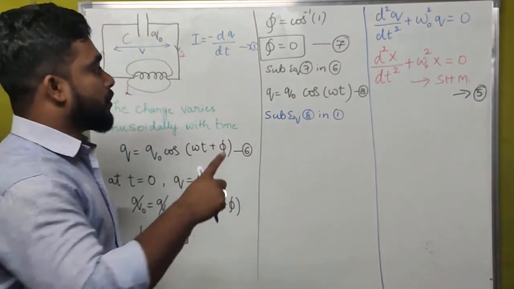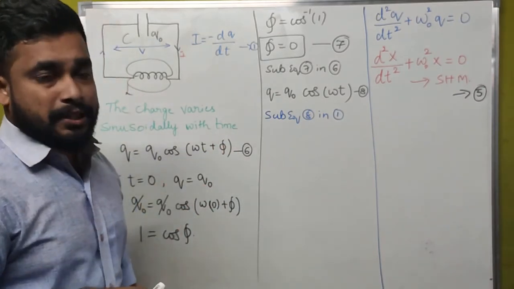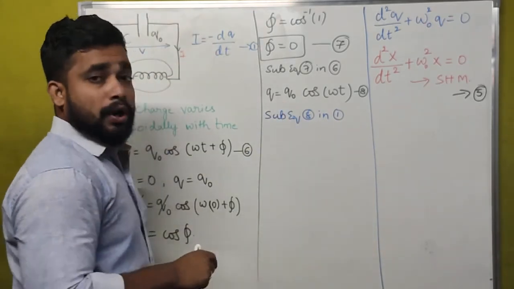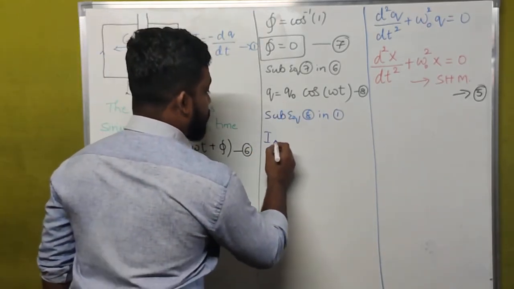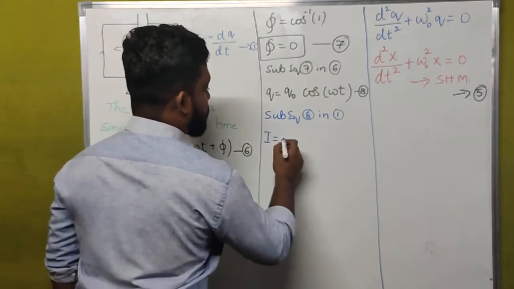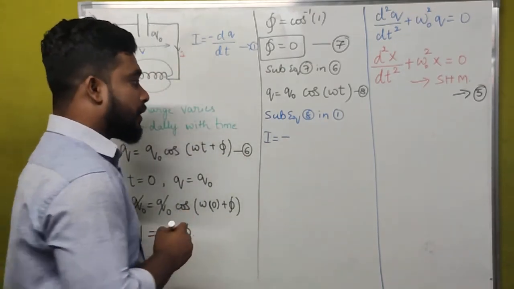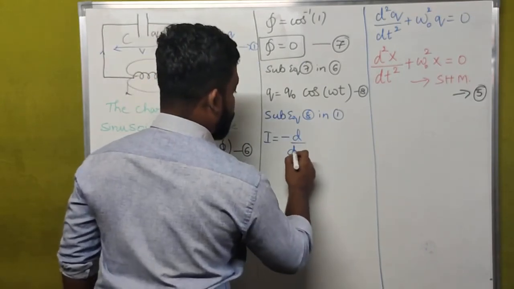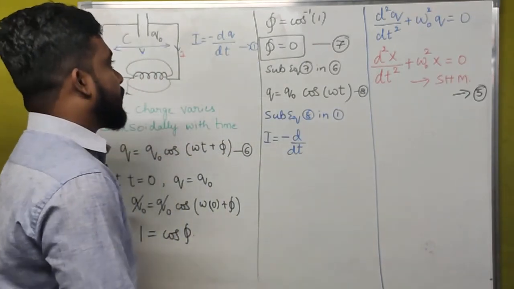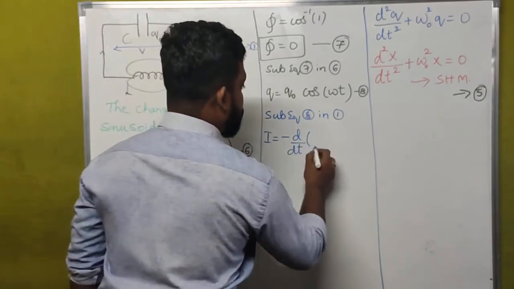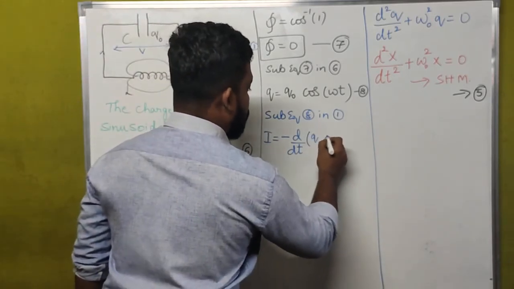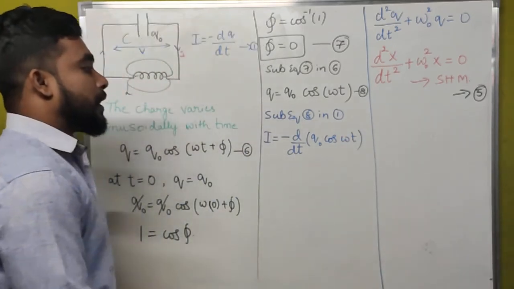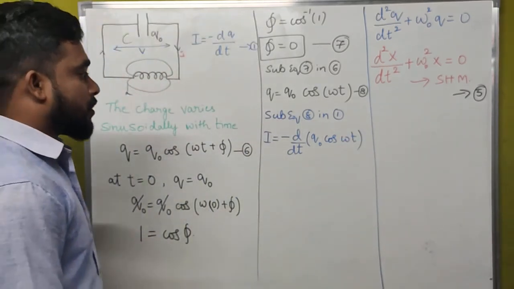Equation 3 is V is equal to Q divided by C. If we substitute the value of Q here, I is equal to minus d by dt of Q, and Q is nothing but Q naught cos omega t.